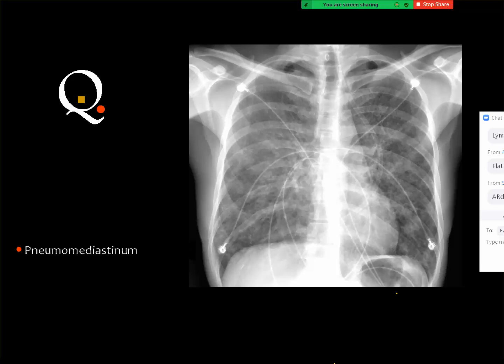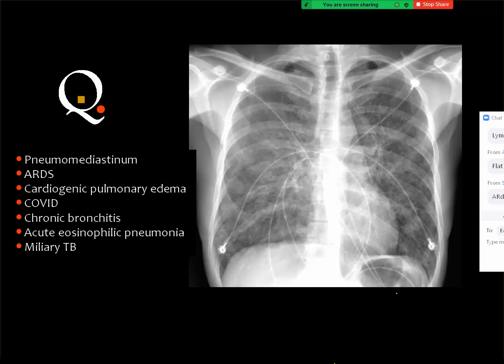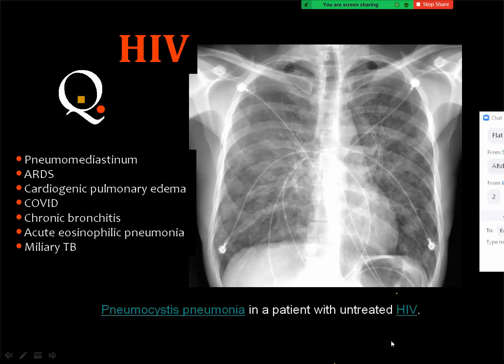Let us say if we have, yes, and I provide this differential diagnosis: pneumomediastinum, acute respiratory distress syndrome, cardiogenic pulmonary edema, COVID, chronic bronchitis, acute eosinophilic pneumonia, and miliary TB, ARDS, and this patient is known to be HIV positive.